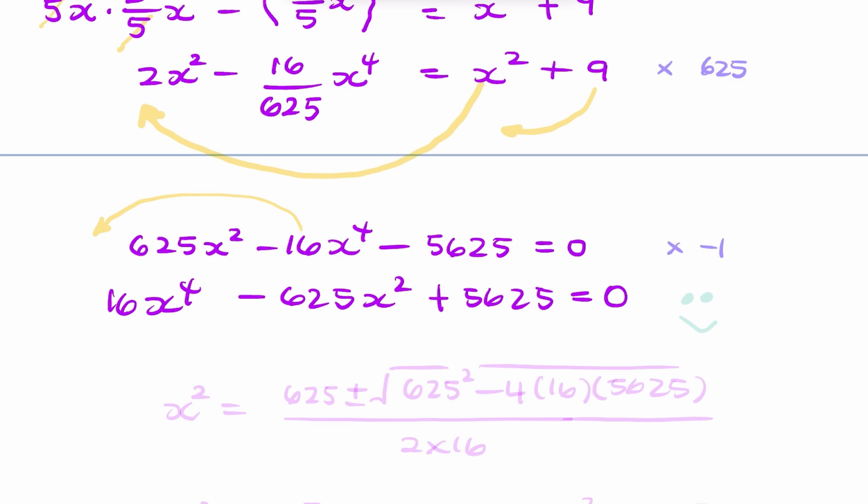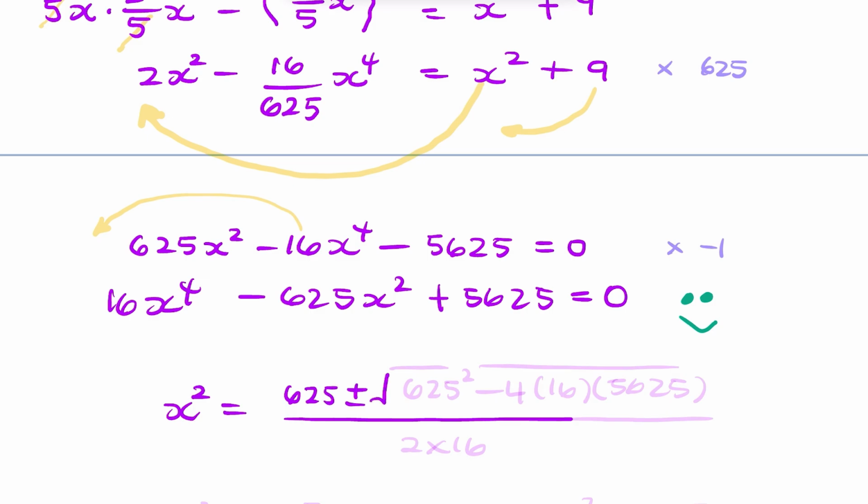So now we have a quadratic, and we can solve that really easily. So we can say x squared equals 625. So I'm using the quadratic formula.